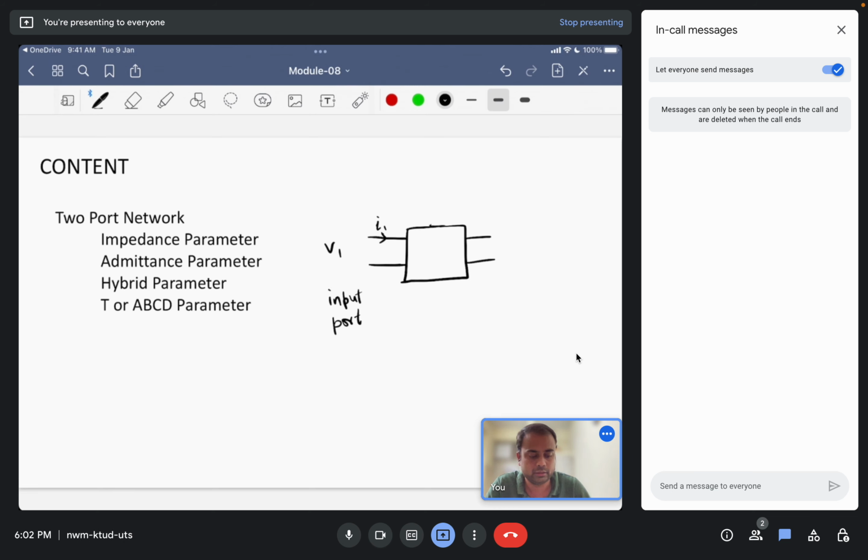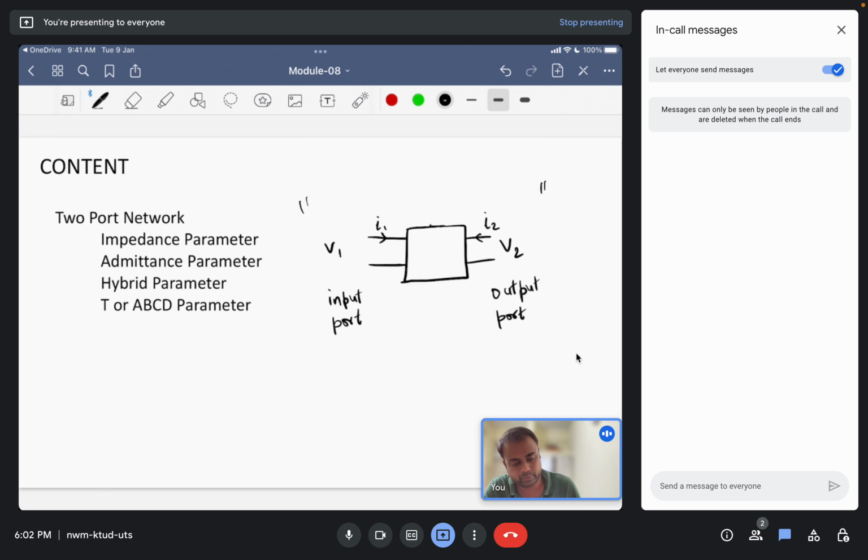Similarly, the other port we can call the output port, where we get a voltage V2 and the current is I2. In general, networks can have n number of ports, but in this session we are mainly considering two-port networks.